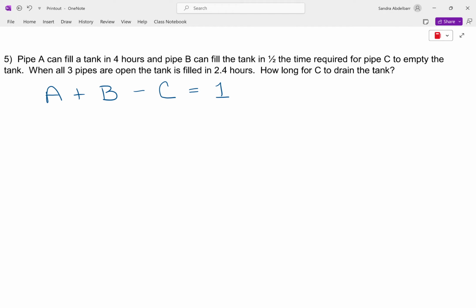Subtract C. And that's going to equal 1 complete job. When all 3 pipes are open, the tank is filled in 2.4 hours. Where's that 2.4 going? In the top. This is their working together.